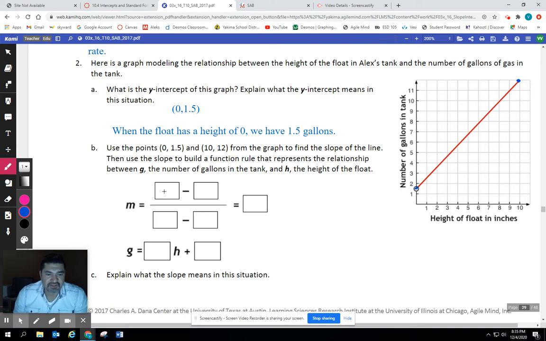I need to put Y2 minus Y1. So here is Y2. Okay, actually, I could probably label that for you. This here is X1, Y1, X2, Y2.